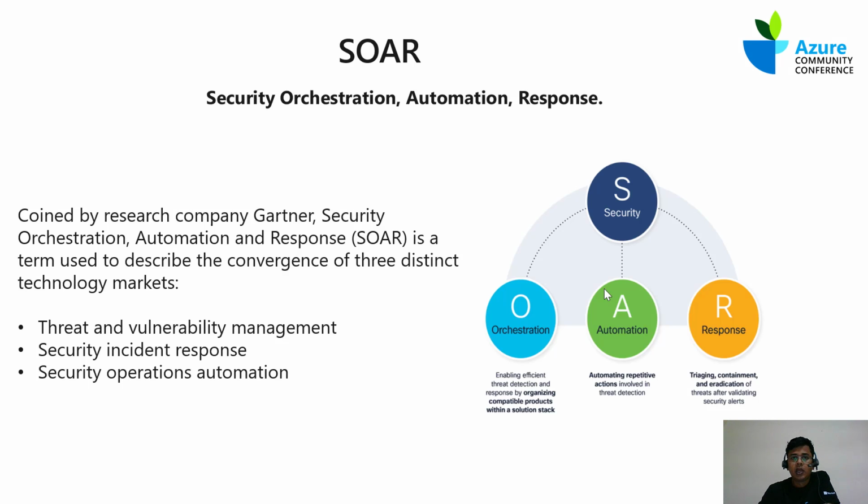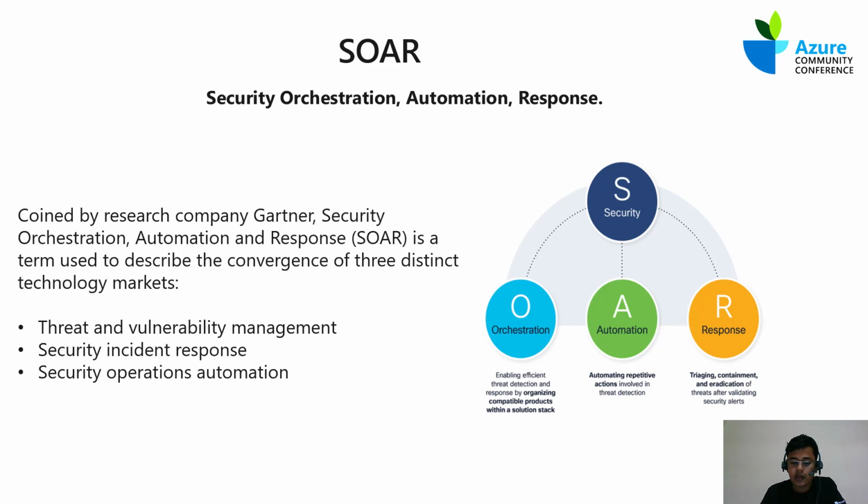After SIEM, another important concept is SOAR. That's security orchestration, automation and response. It's a collection of software and tools that allow organizations to streamline security operations in three important key areas. The first is threat and vulnerability management. Second is incident response.